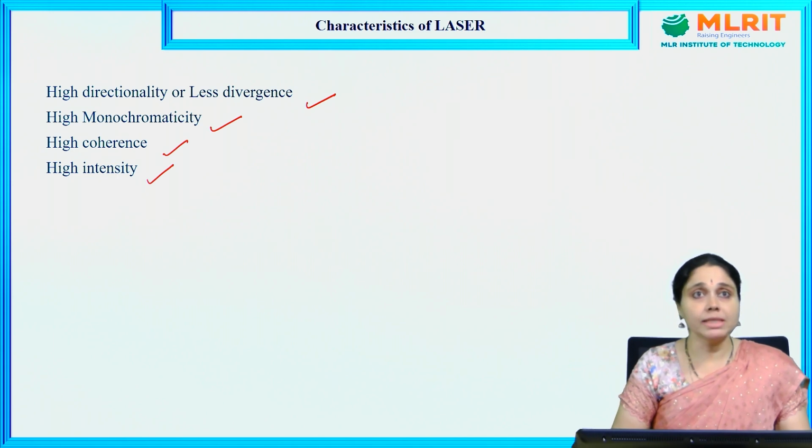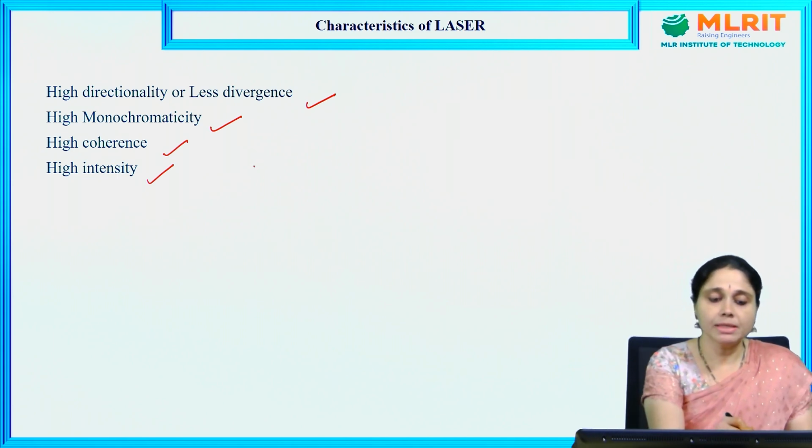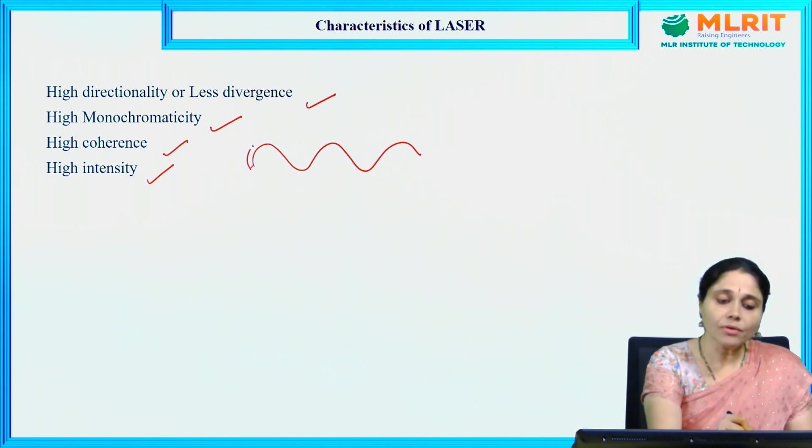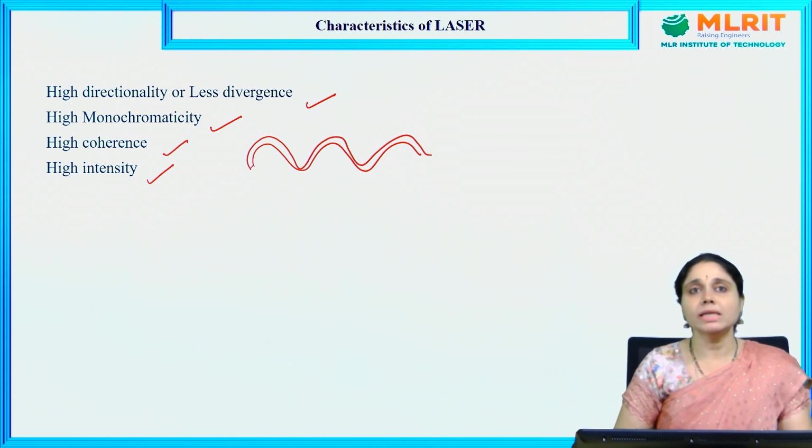Highly coherent means the waves that are traveling have zero phase difference or constant phase difference between them. This is known as the coherence condition.